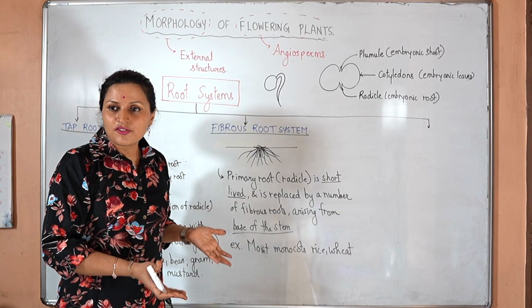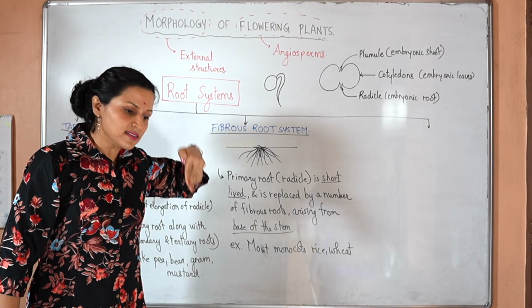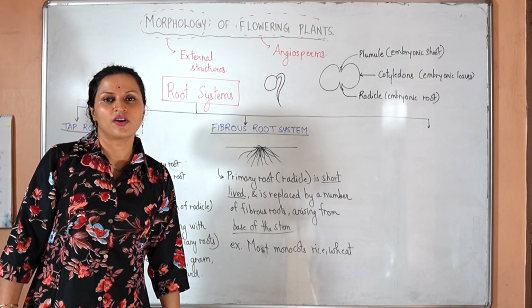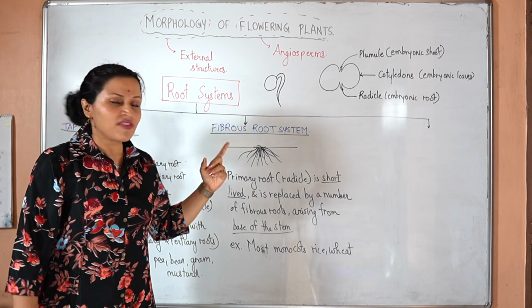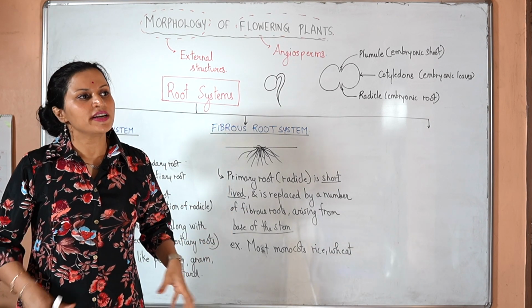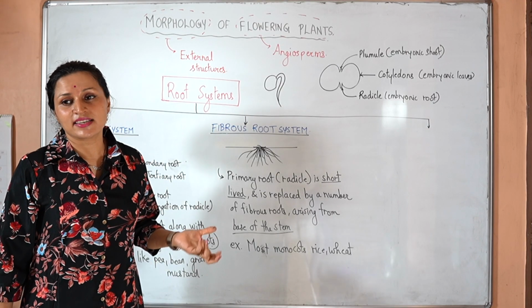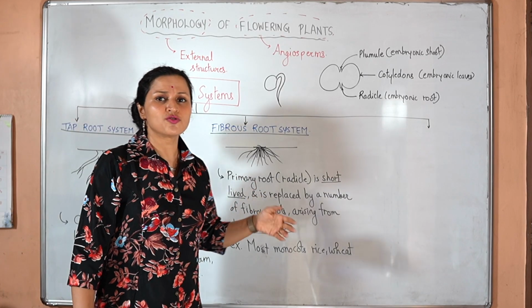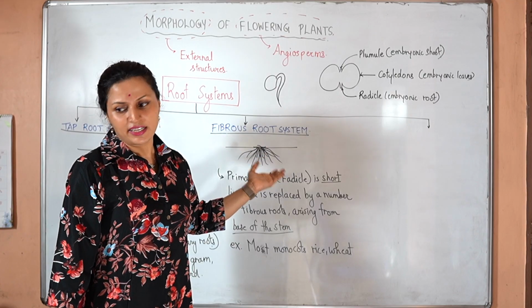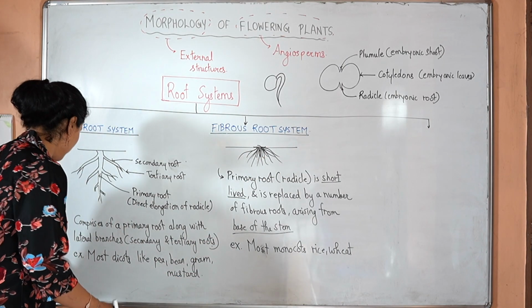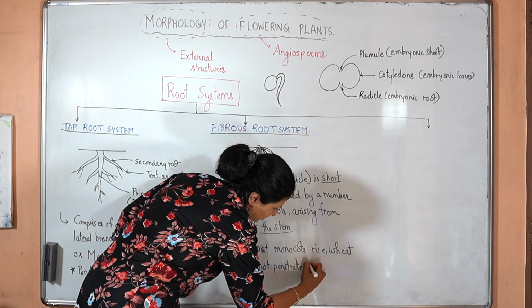Another major difference that is not cited in NCERT is that in the taproot system, the radicle can penetrate very deep within the soil and it can lead to formation of very giant trees, whereas the fibrous root system does not go very deep within the soil and the plants are not very giant sized trees. They are mainly herbs to moderately sized trees. It does not penetrate the soil very deep. So let's write these extra points here. Penetrates deep in soil, does not penetrate deep in soil.